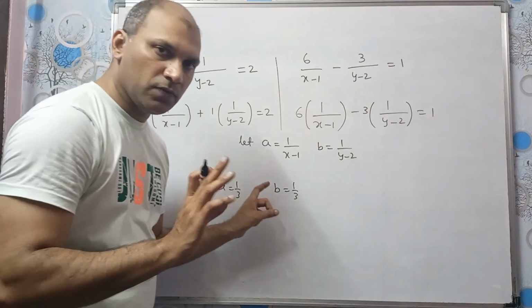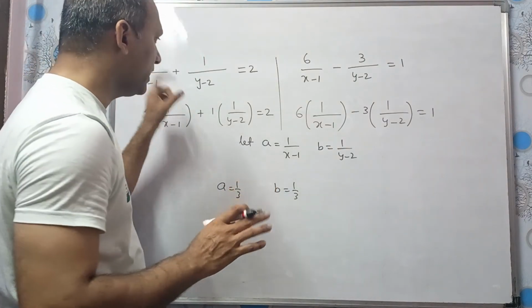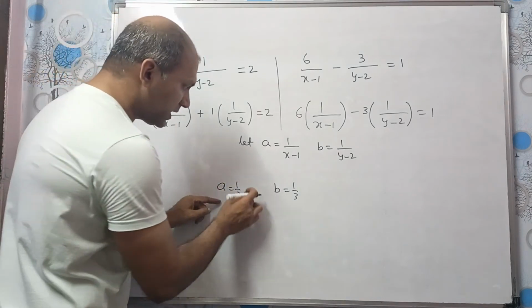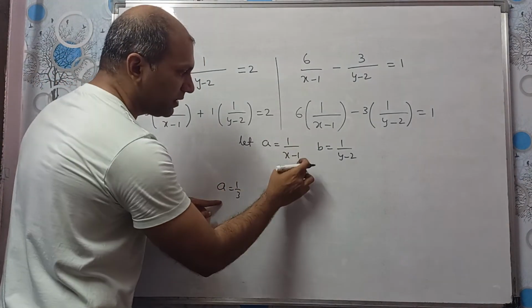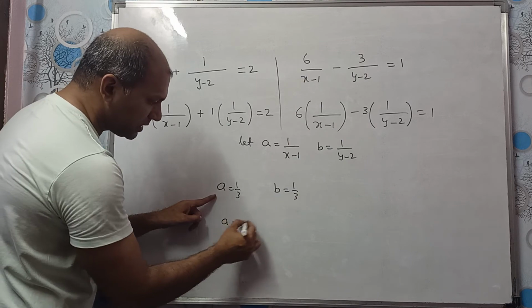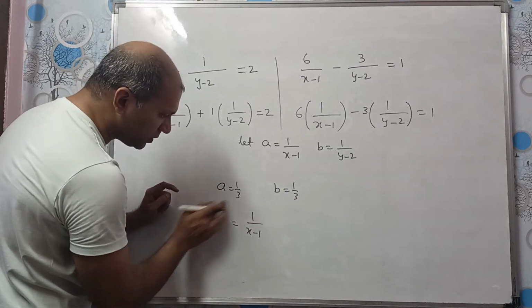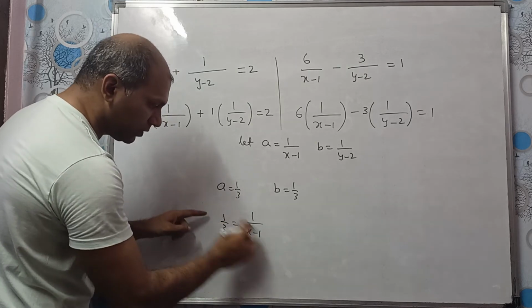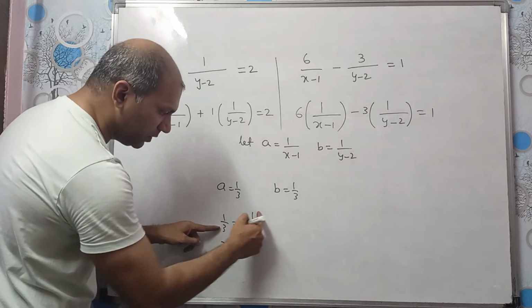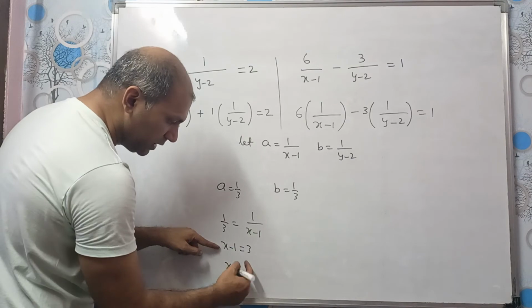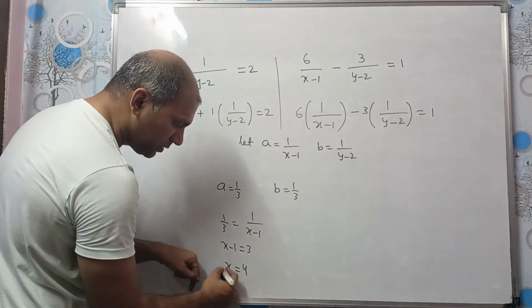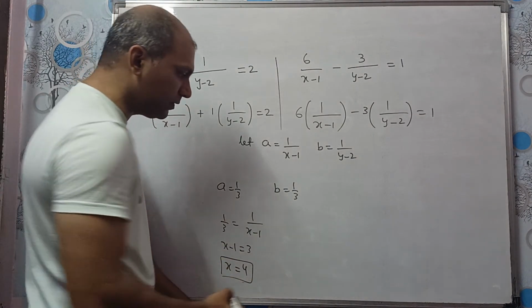Our aim is not to find a and b, our aim is to find x and y values, right? But what was a? We took a as 1 by x minus 1. But in place of a, what should we write now? 1 by 3. So if you cross multiply, x minus 1 will be equal to 3. x will be 3 plus 1, it will be equal to 4.